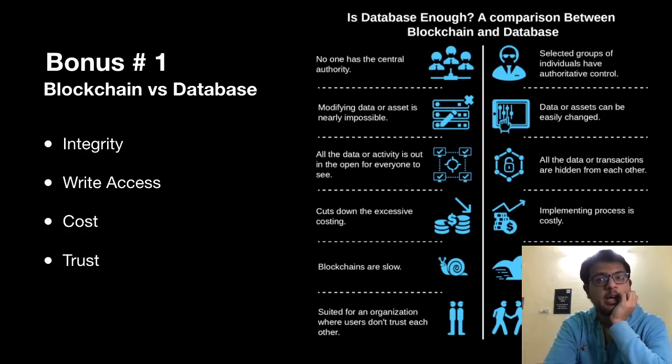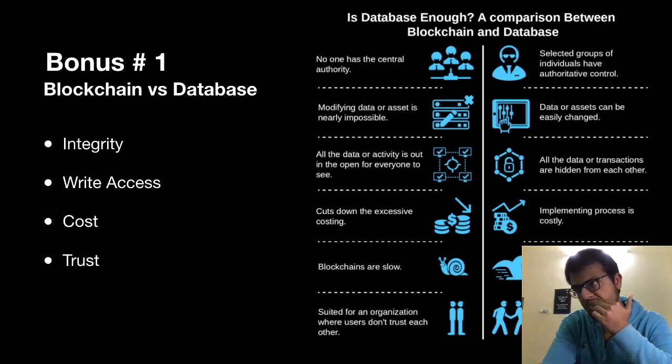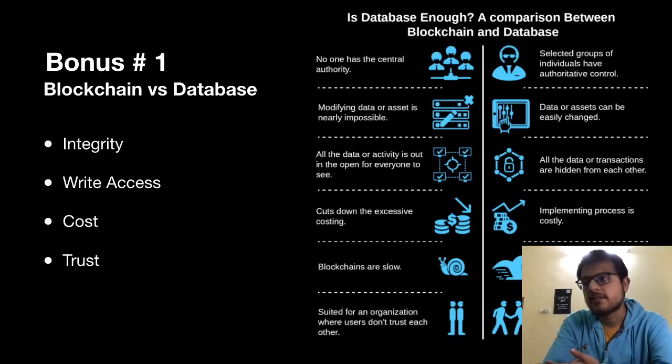So I have done a database versus blockchain representation over here. On the factor of integrity, in a database someone is in control, but in blockchains, no single entity is in control; no central authority has control.